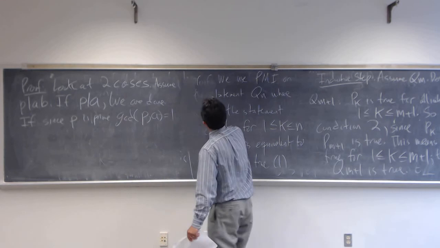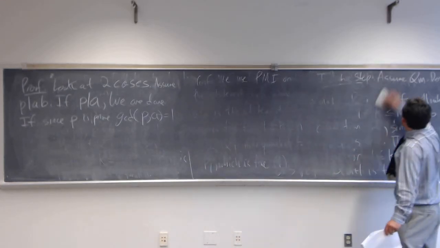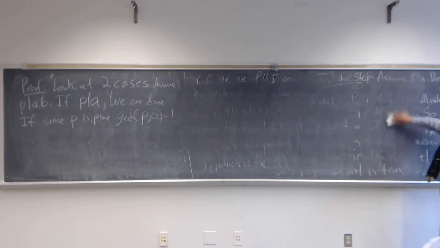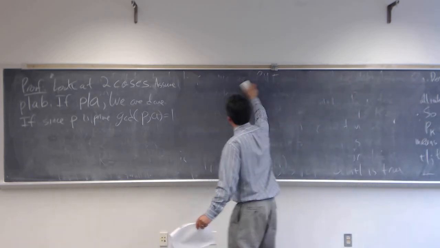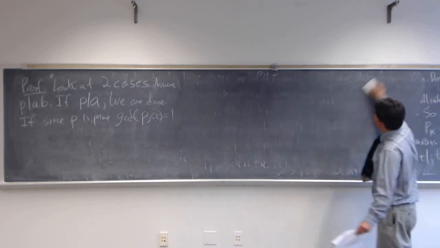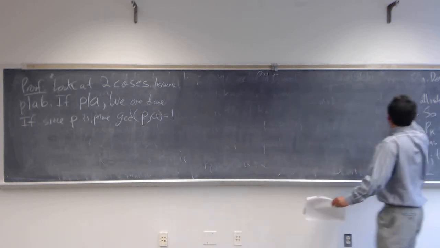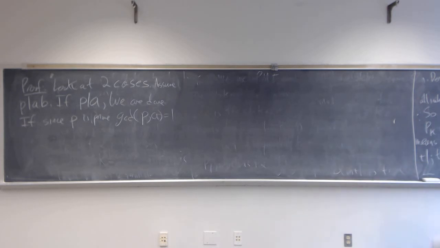So you might recall the Euclidean algorithm allowed us to express the greatest common divisor as a linear combination.